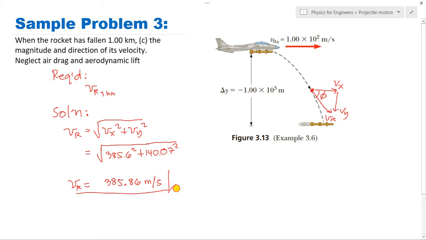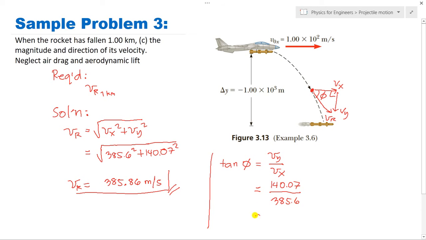And in what direction does it act or does it point? So we now use the tangent kasi this is a right triangle. So tangent na. So we have here tangent for the direction. So we have tangent of phi is equal to Vy over Vx. And what is the value of our Vy? We have 140.07. Our Vx is 385.6.